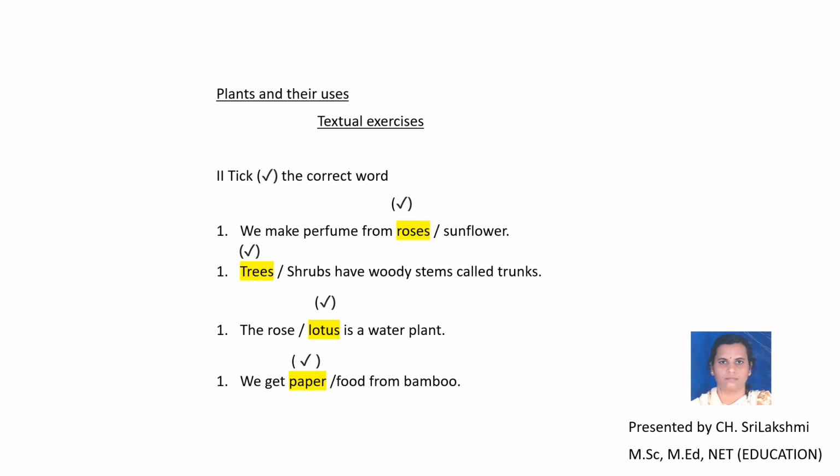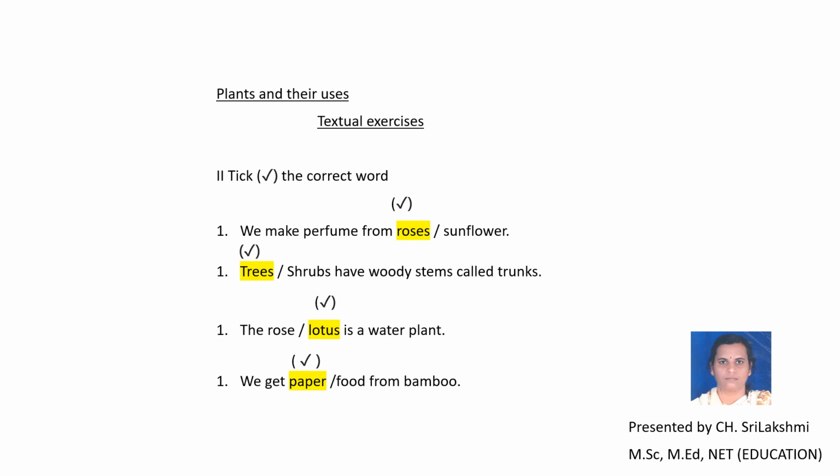Next is trees or shrubs have woody stems called trunks. Shrubs also have woody trunks, but they are not called trunks. Trees have woody stems. They are called the trunks. Okay, so it is trees.